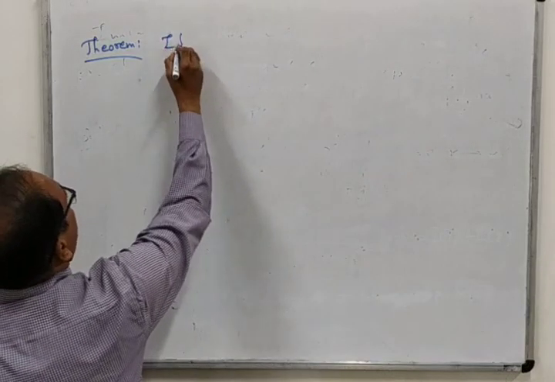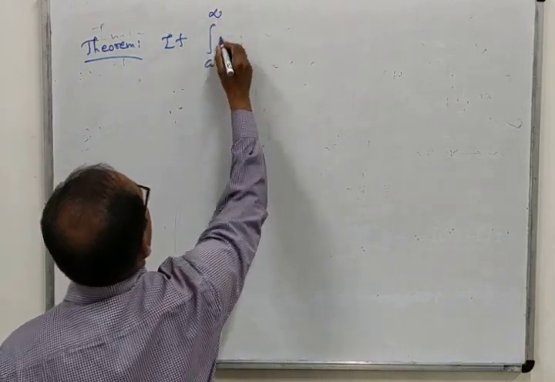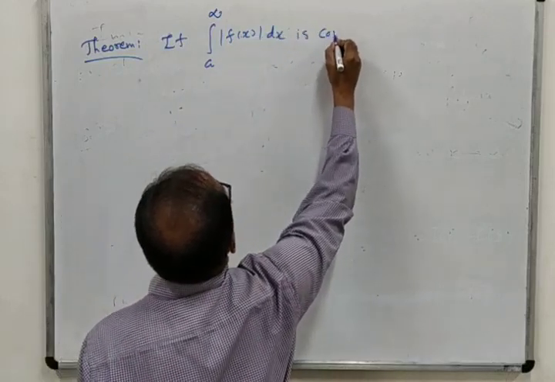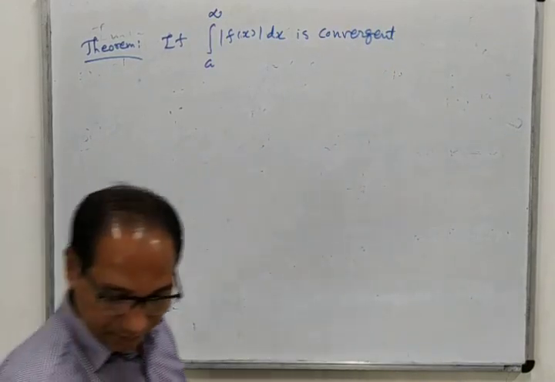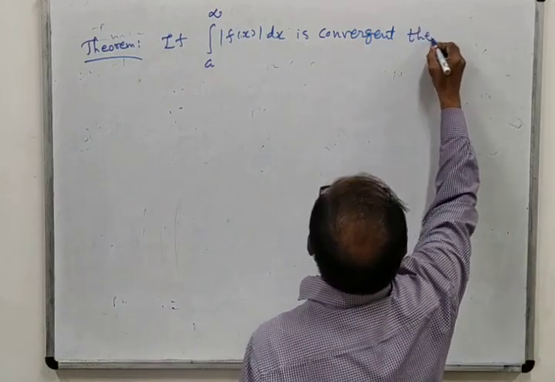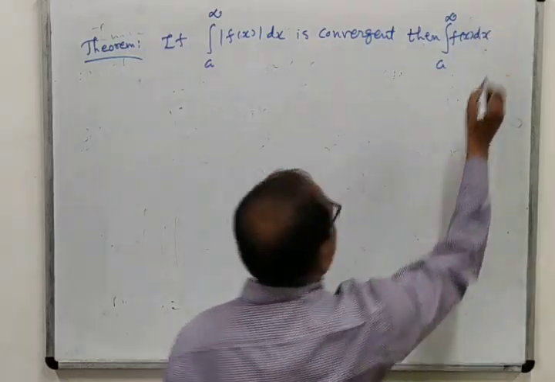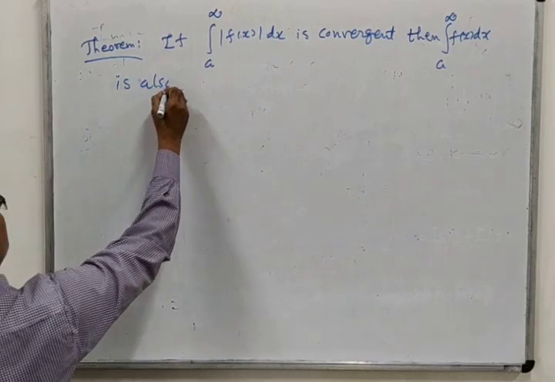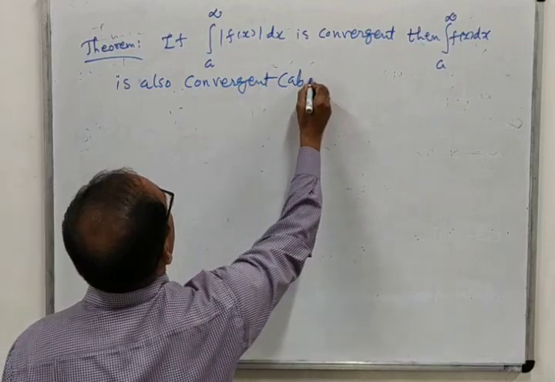That means if integration of a to infinity, see here the lower limit is a, modulus fx dx is convergent, then integration a to infinity f of x dx is also convergent, and this is known as absolute convergent.